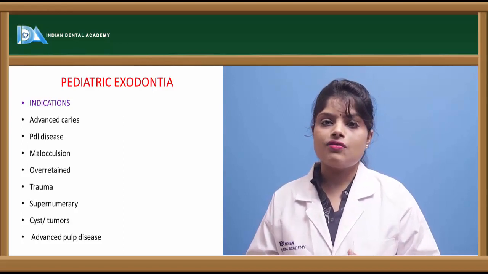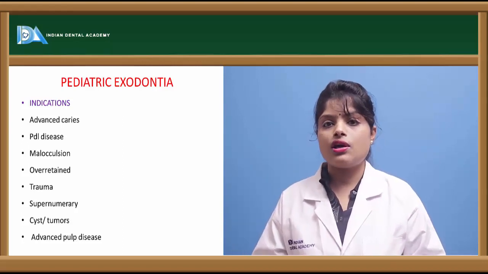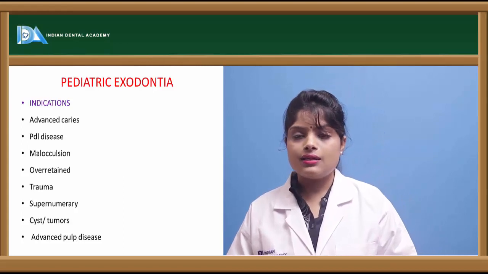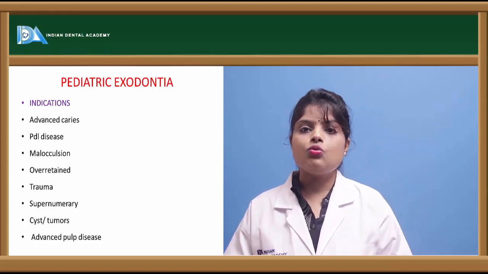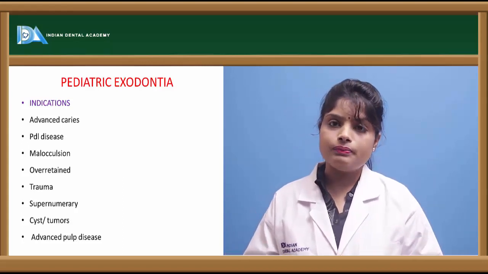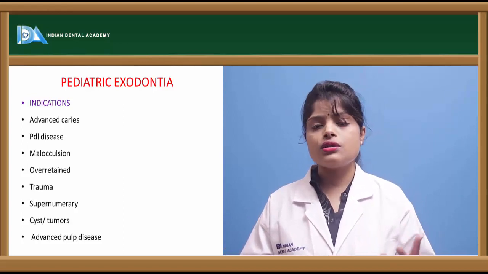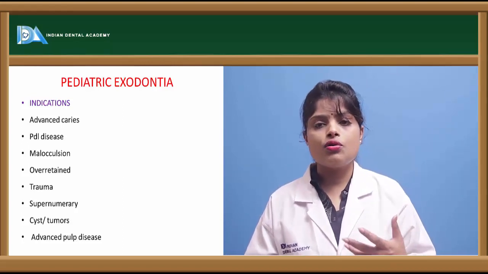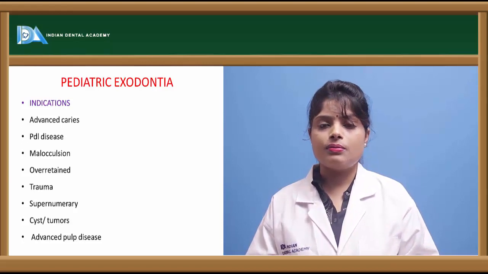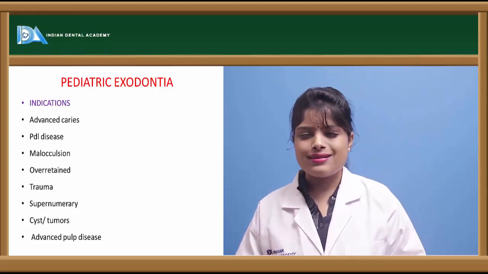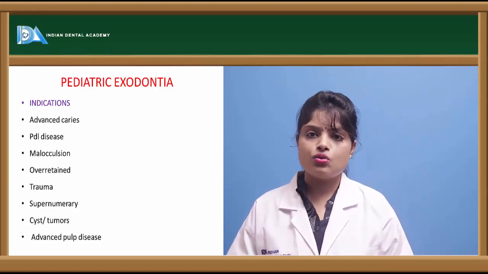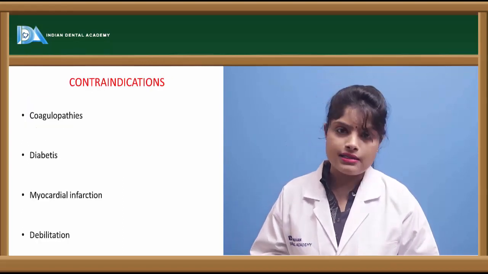For example, there will generally be extraction of the premolars for orthodontic reasons. Then there are over-retained teeth which need to be extracted. Sometimes surgeries in the mucoperiosteum like frenectomy are required. There are also cysts or tumors which need to be operated on in pediatric dentistry.